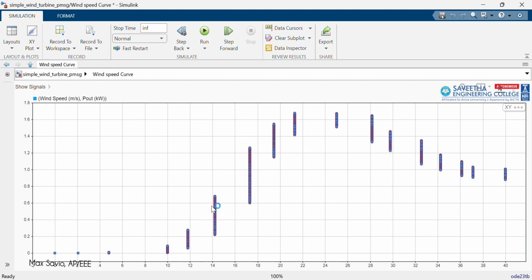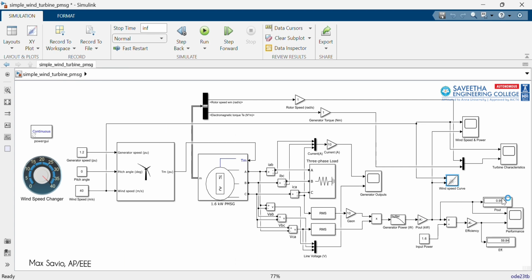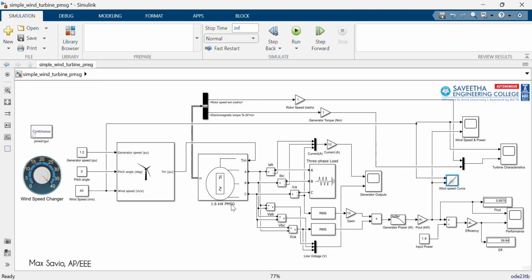It slowly increases, and the maximum power is reached between 21 meters per second and 25 meters per second, after which it keeps dropping up to 40. After that there is no power generation. So this is the cutout speed for this generator.